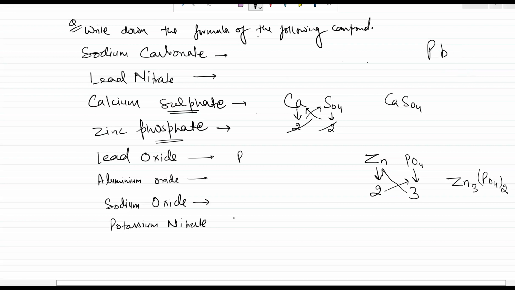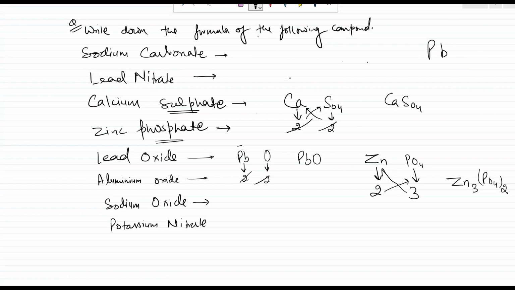You are saying okay. Pb is for separate lead, and what is the valency for O? Let me check. 2, sir. O is also going to have 2. So when you cross multiply, this will cancel out each other, and your formula will be PbO.